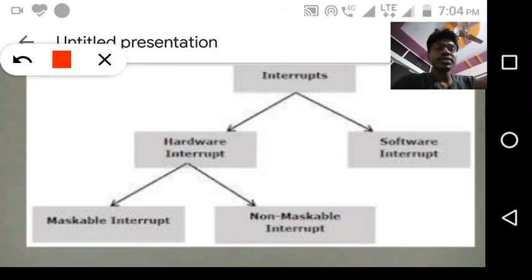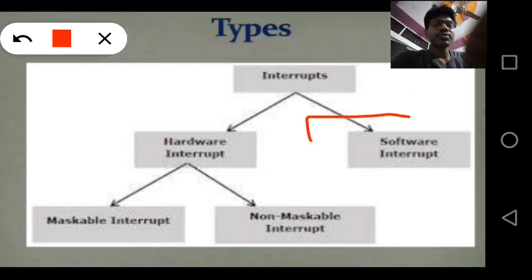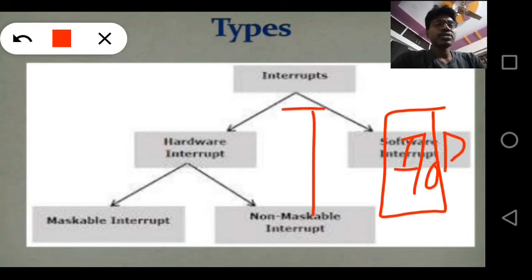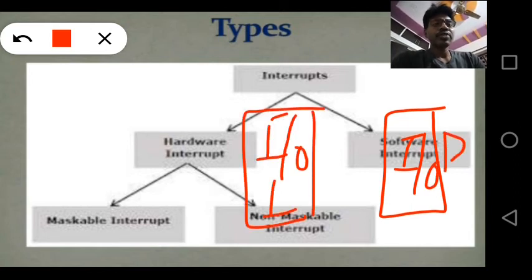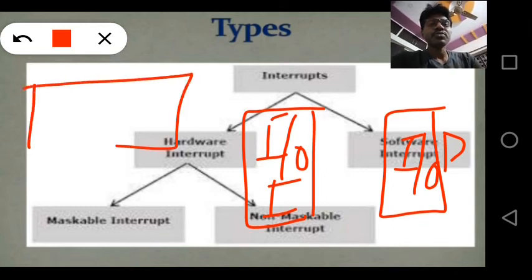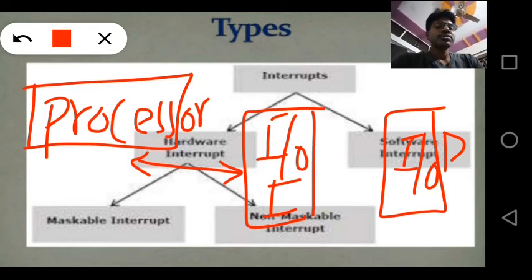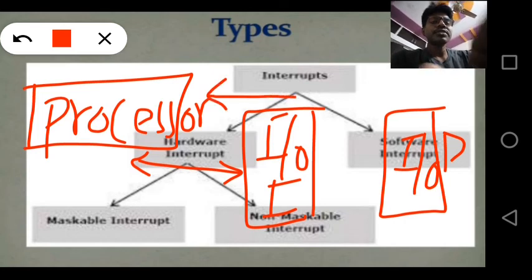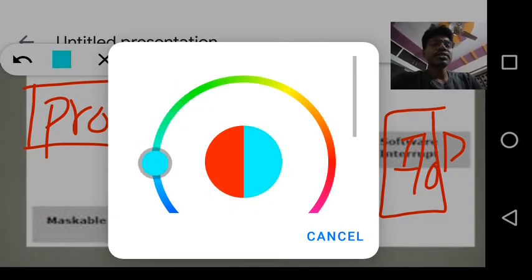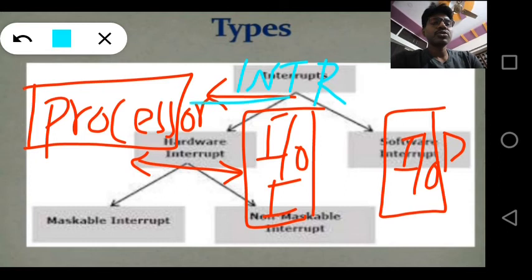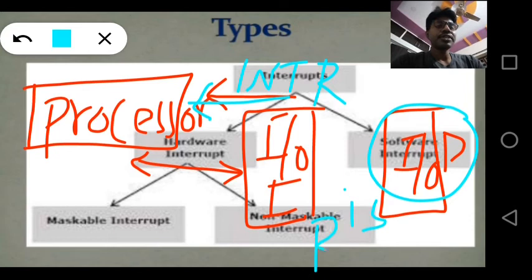Remember in the last lecture we discussed, if this is my IO device, this is the IO interface, and this is my processor, the IO interface sends an INT or interrupt request to the processor when the IO device is ready.